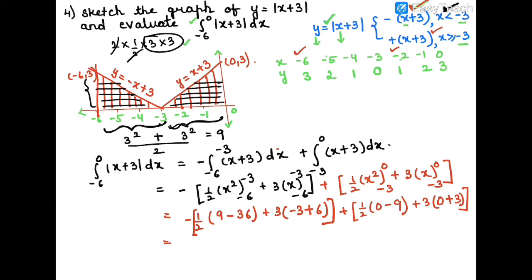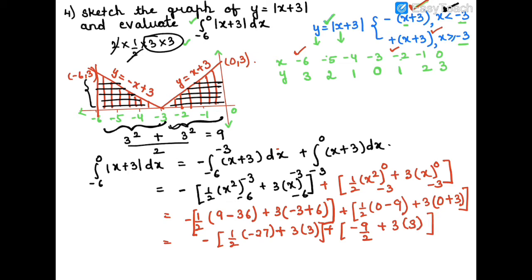So let's look at this. What are we getting? Minus half and minus 27 plus 3 into 3, plus and minus 9 by 2, and plus 3 into 3, like this.